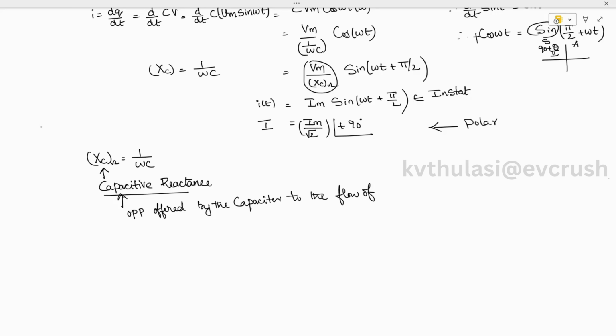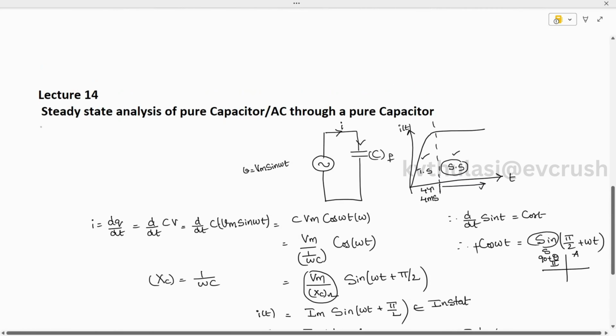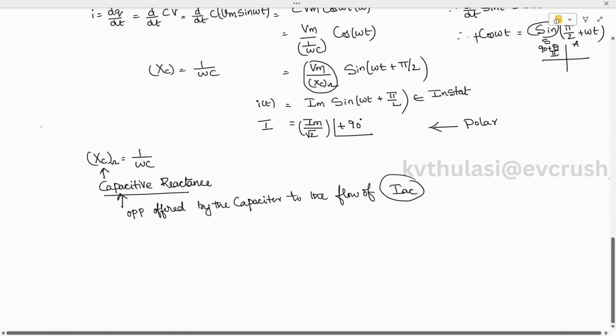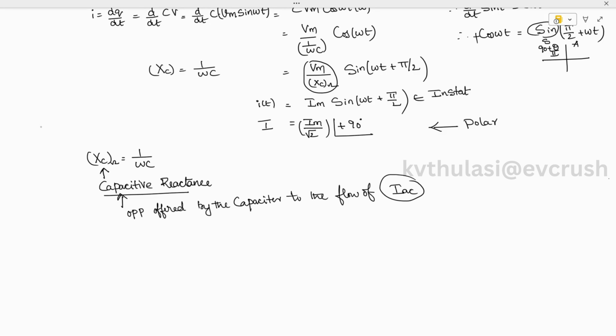When an alternating current is flowing in the capacitor, it is going to offer an opposition of Xc ohms. This is the resistance offered by our capacitor to the flow of current, called capacitive reactance.